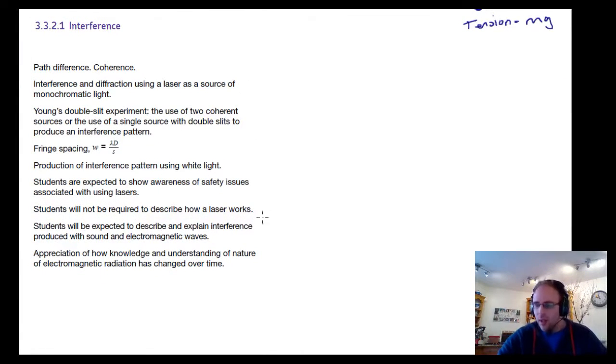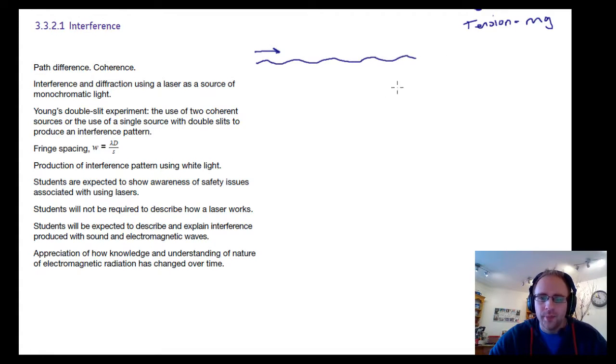Interference. So path difference is quite straightforward. If I have a wave travelling that way, like this, and I have a wave travelling that way, like this, the distance that this one has travelled is shorter than the distance that this one has travelled from the same point.